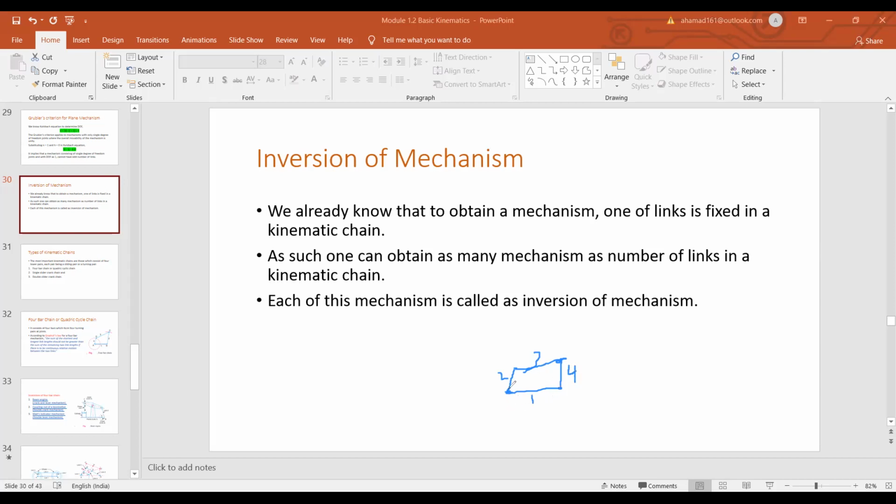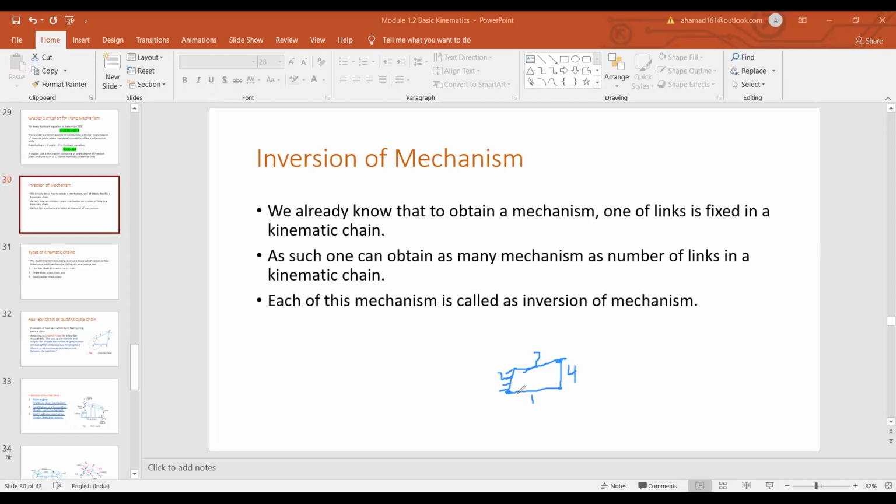So I can fix any one at one time. Say if I fix link 2, I will join this link with some stationary part, maybe a ground surface, maybe a wall, with the help of a nut and bolt. So this link is fixed, and now I will get a mechanism.